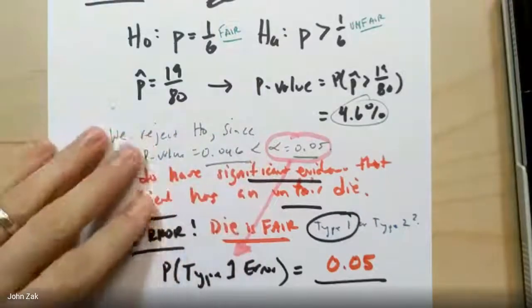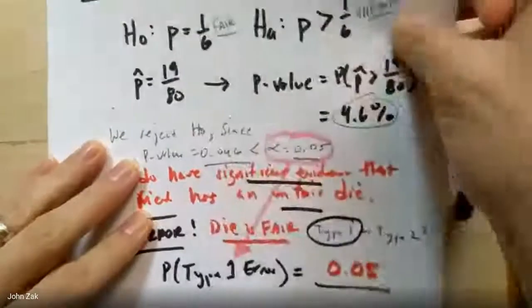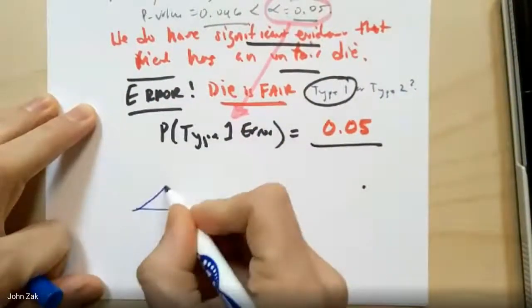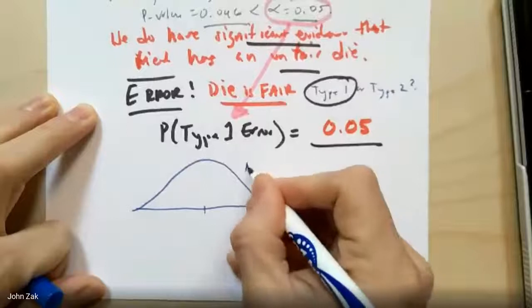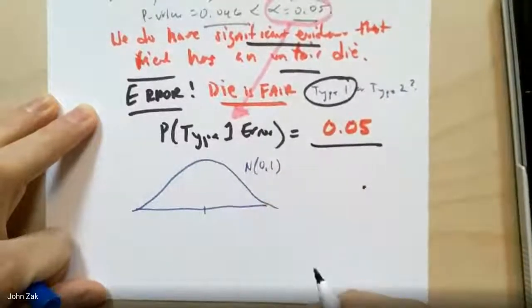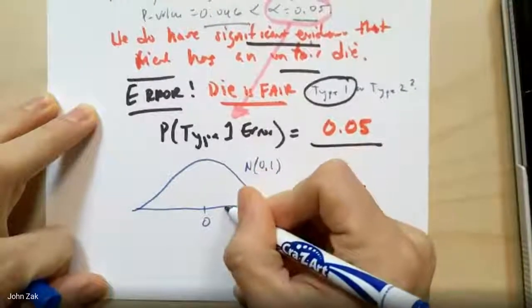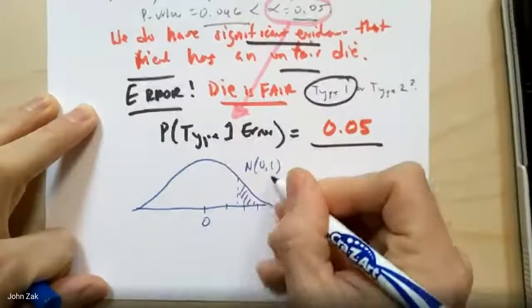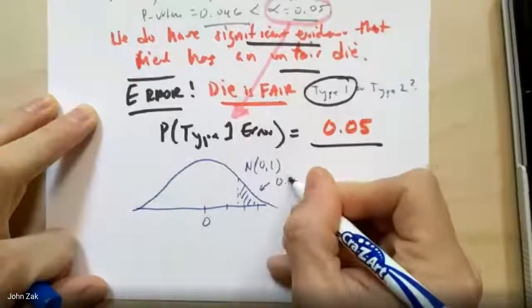Why? Because say I was to draw the distribution. There's my normal curve again, and say that we just do it all standardized, N(0,1). Then remember our boundary at 5% significance is 0.05.